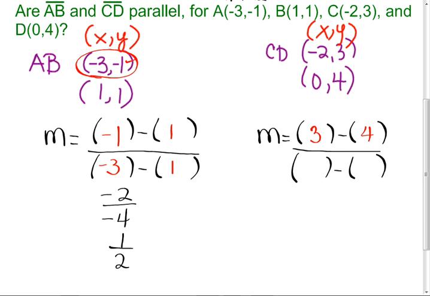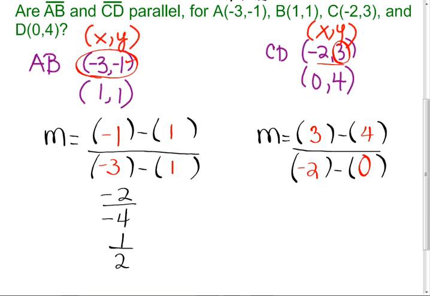The order matters. Once I choose 3 here, the x value here has to be its partner. They are parallel lines. But the classic mistakes are to put the 3 and 4 in the denominator, to switch the order on the denominator or the numerator so it's not in the right order, or to subtract the 3 and -2.